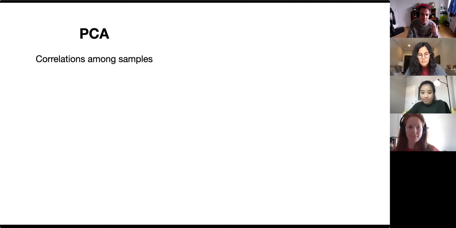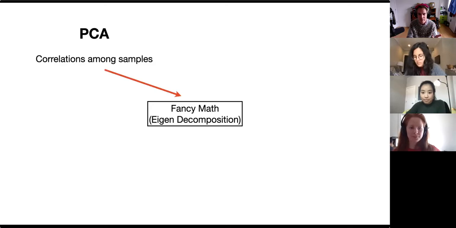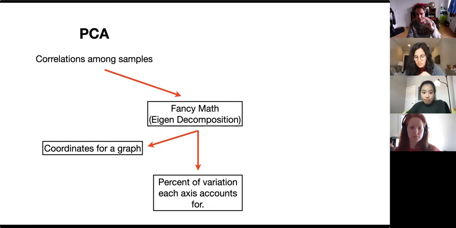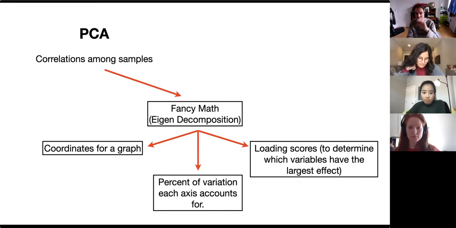With PCA correlations, we do some fancy math, eigen decomposition or singular value decomposition, and out of that come coordinates for a graph, and it gives us the percent of variation each axis accounts for. It also gives us loading scores, so we can determine which variables have the largest effect.